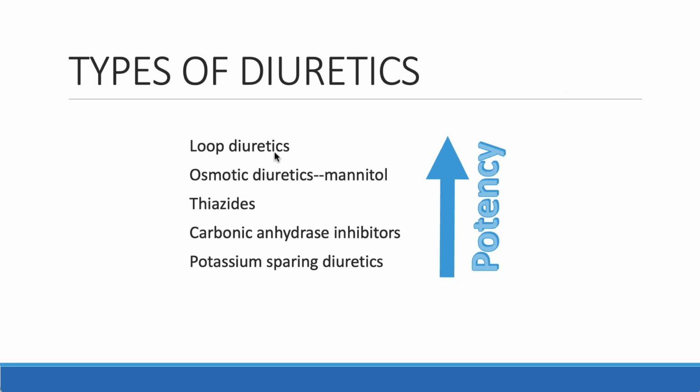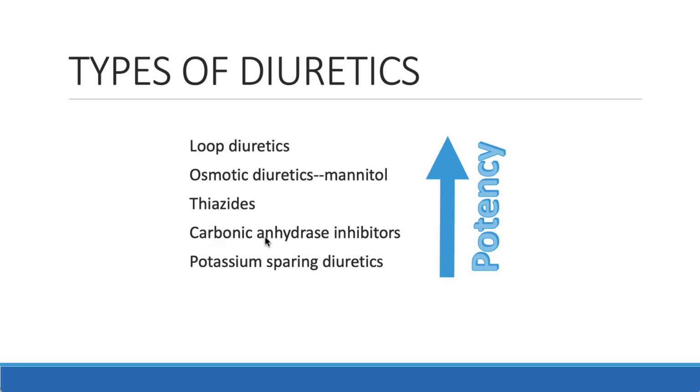So as far as potency goes, the most potent of those five diuretic classes are the loop diuretics. Second is the osmotic diuretics like mannitol. We use those in the neuro ICU quite a bit for brain edema. Then thiazide diuretics, which is what most of your parents are taking to keep their blood pressure controlled.